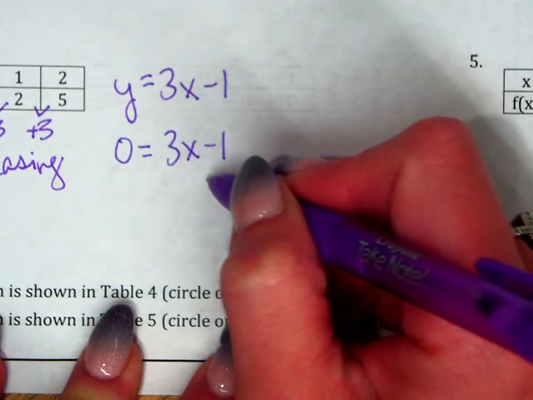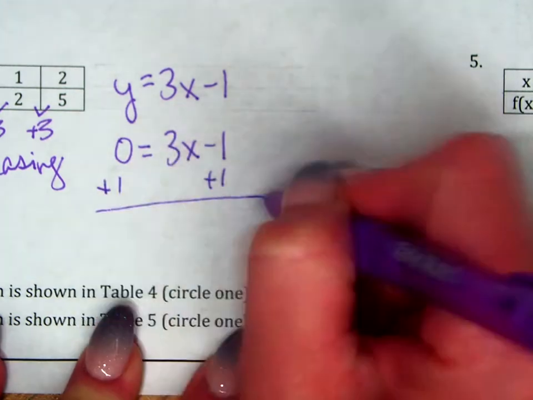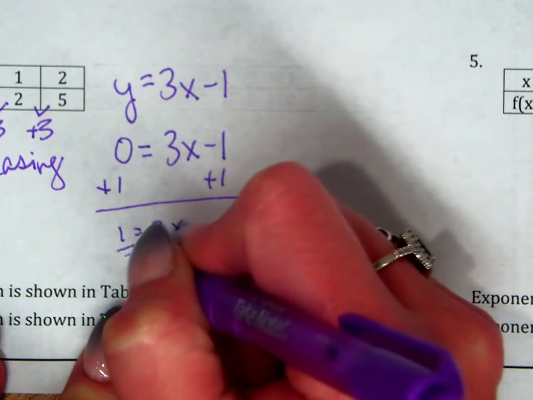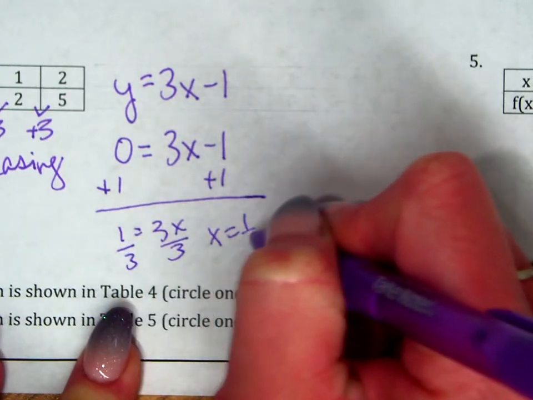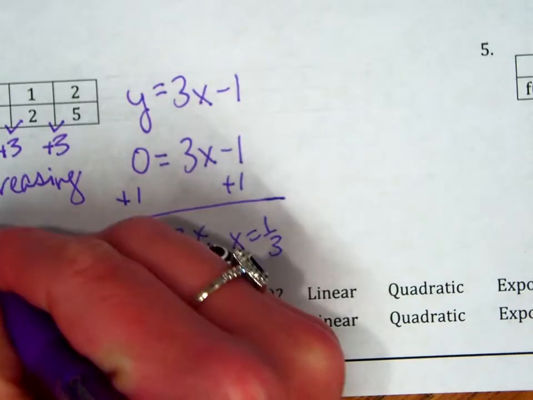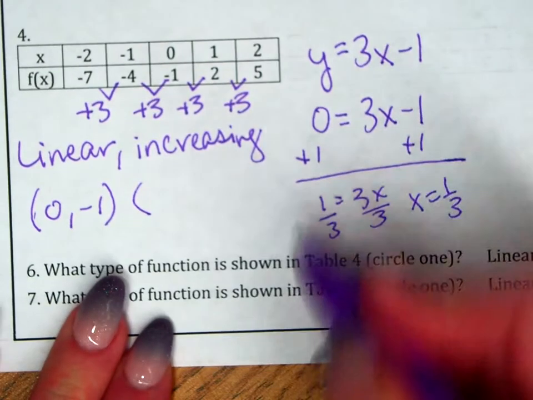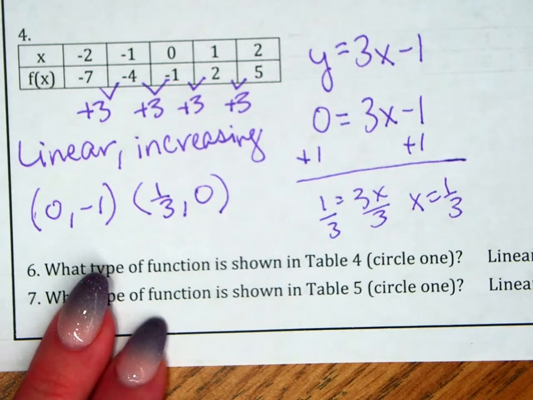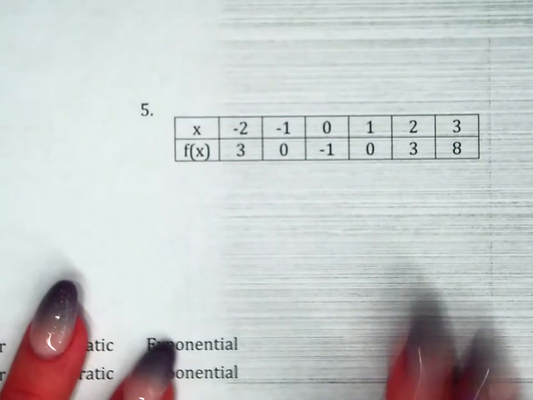So 3x minus 1, add 1. 1 equals 3x, divide by 3. So my x-intercept is 1/3. Then I can write my x-intercept as 1/3, 0. All right, so let's look at number 5.